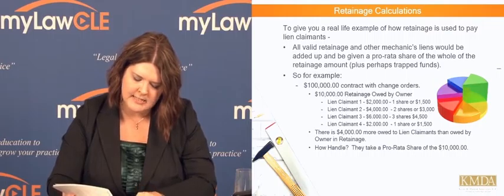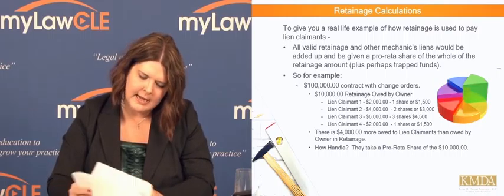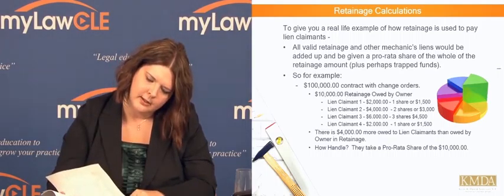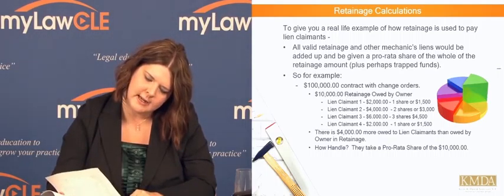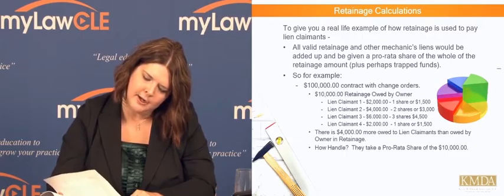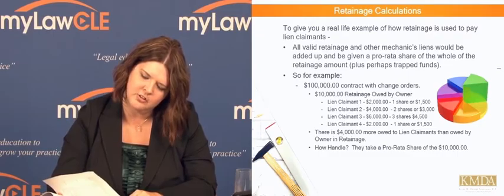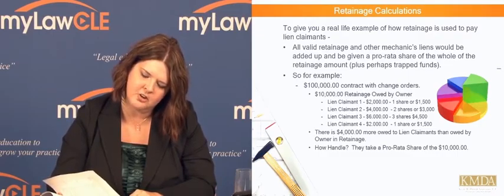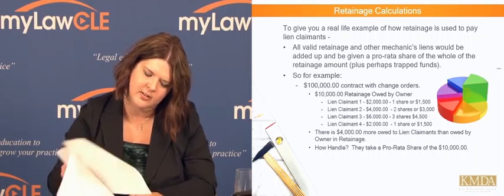New York has retainage for public entity work, and that is it. And Louisiana has none. In Ohio, for projects other than residential projects of 1 to 3 detached dwelling houses, retainage is based solely on the contract between the parties.